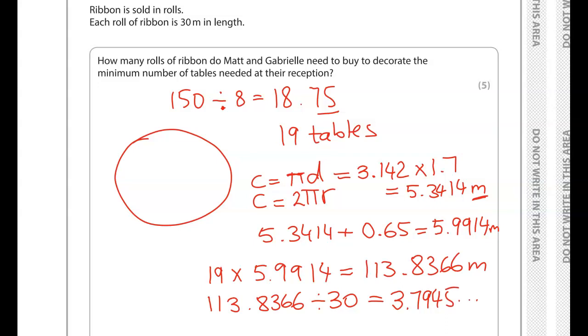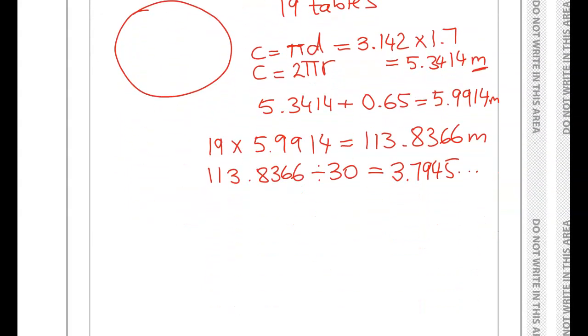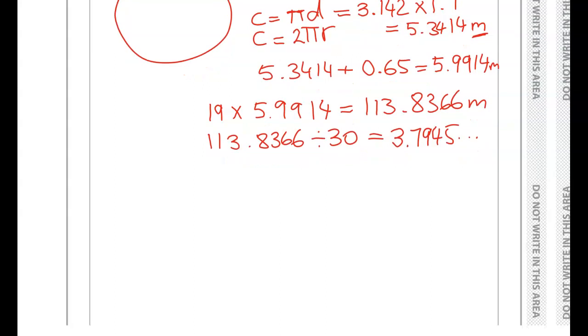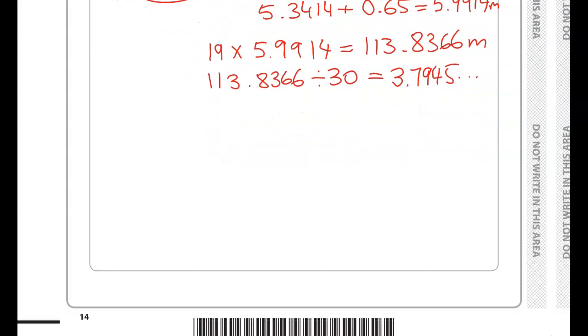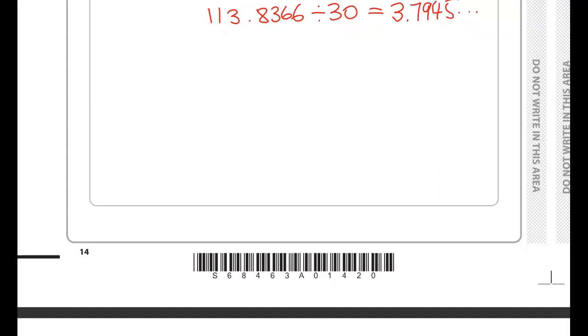Again, we can't say 3 rolls because we need more than 3 rolls, but we can say 4 rolls, and we can have some spare ribbon. That wouldn't make a difference. So 4 rolls.